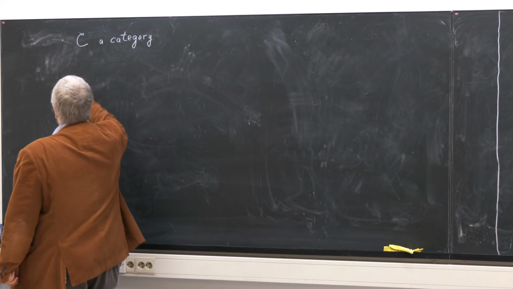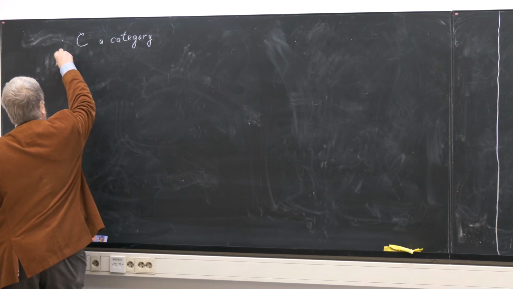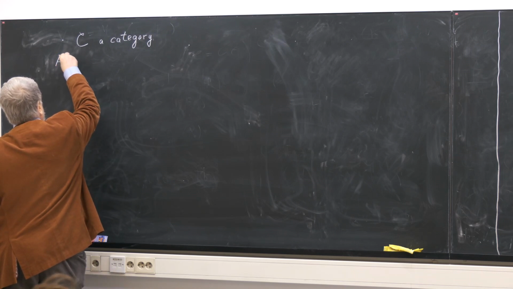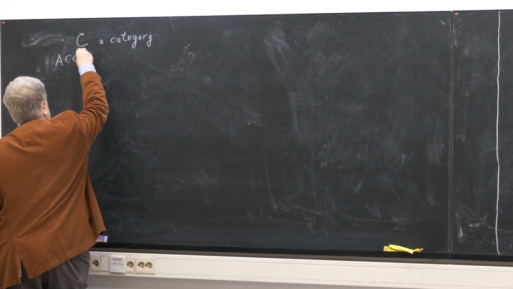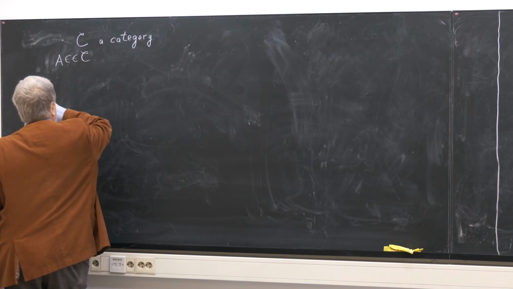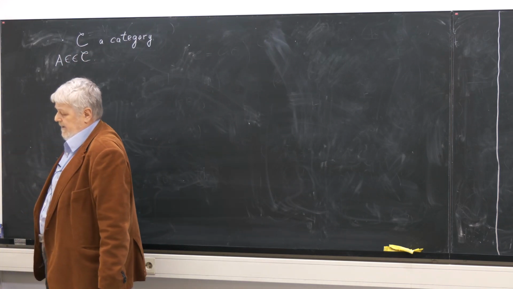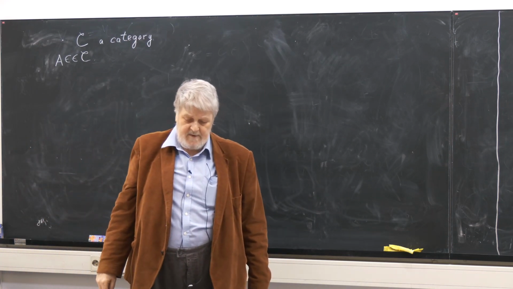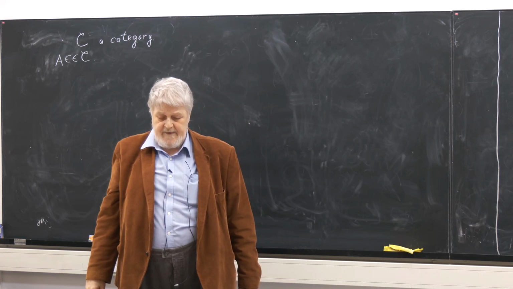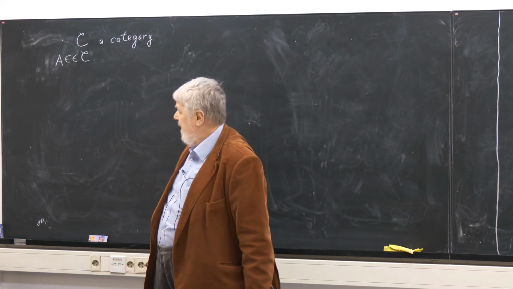And I remind you of the first non-standard notation. This means that A is an object, an arbitrary object of the category C.